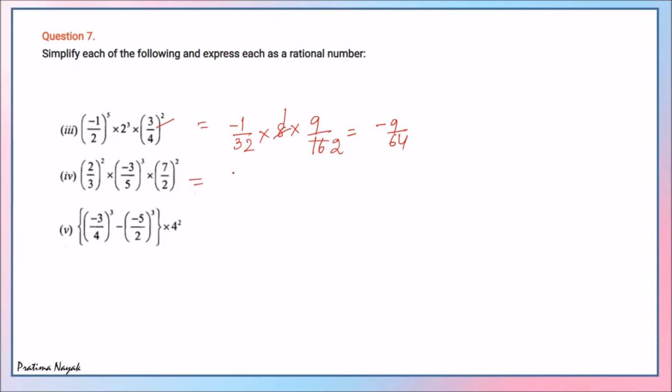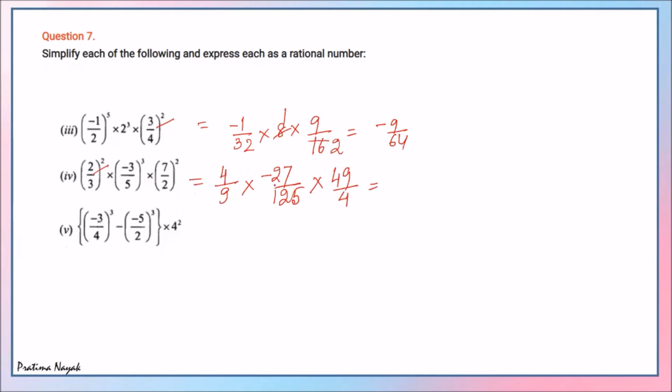Coming to the second part. Second part will be 2 raised to the power 2, which is 4. 3 raised to the power 2 is 9. Multiplied by minus 3 to the power 3, which is minus 27. 5 raised to the 3 means 5, 5, 5, so 5 to the power 3 is 125. Next is 7 multiplied 2 times, 7 into 7, 49. 2 multiplied 2 times, so 2 into 2, 4.